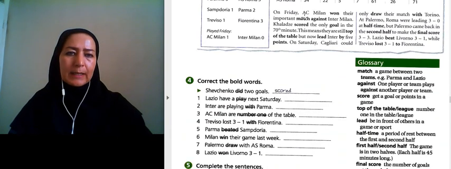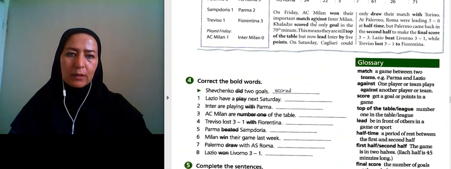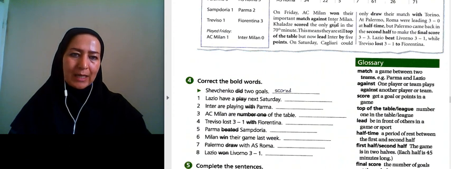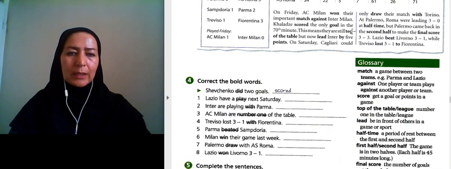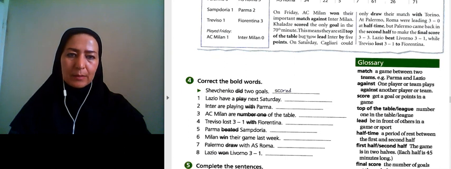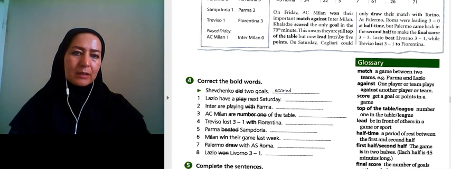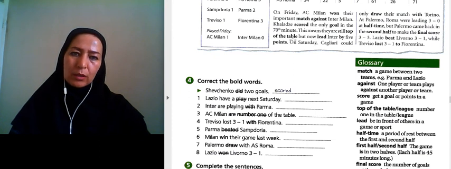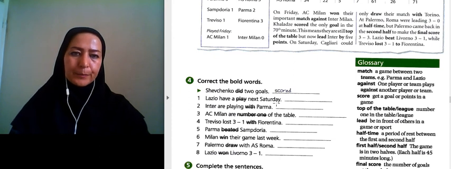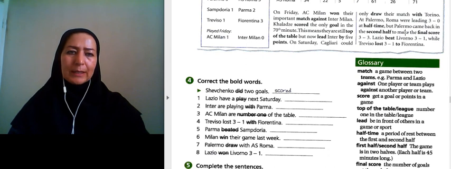On Friday, AC Milan won their important match against Inter Milan. Khalat scored the only goal in the 70th minute. This means they are still top of the table, in first place, but now lead Inter by 5 points.